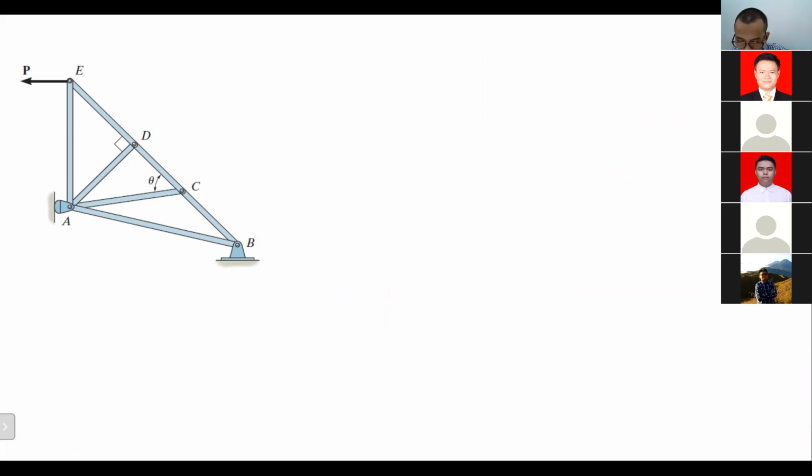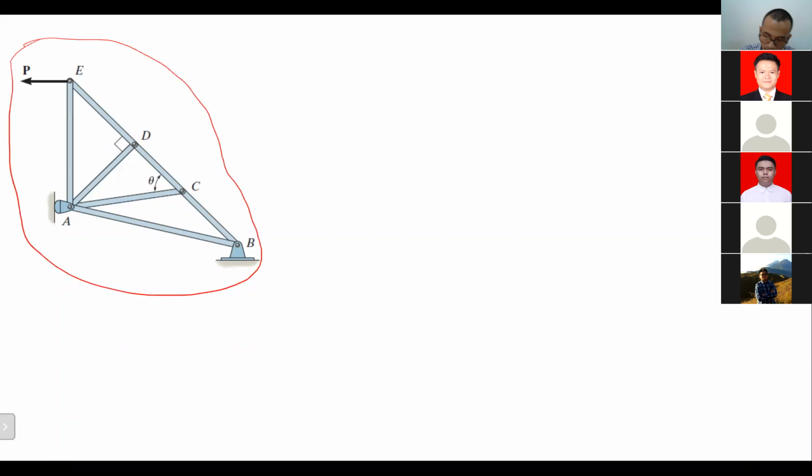For this kind of thing, let's take a look at this particular truss system. Anyone here can see whether here we have a zero force member or not? And please inform me about the reason behind it.